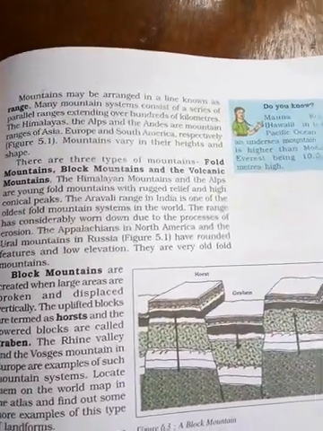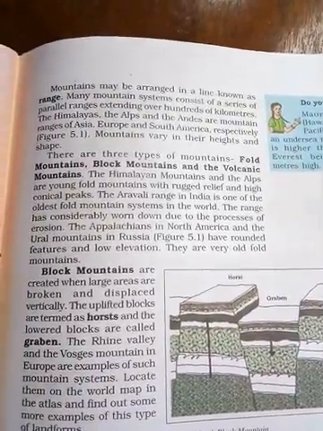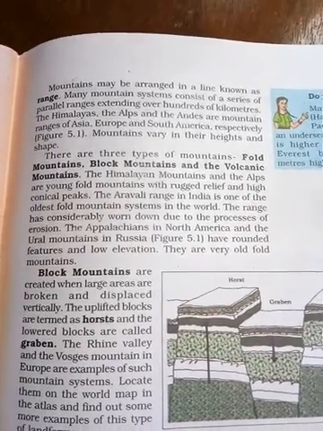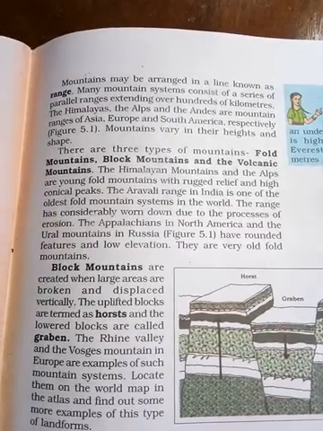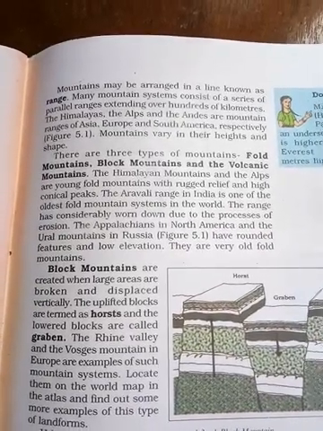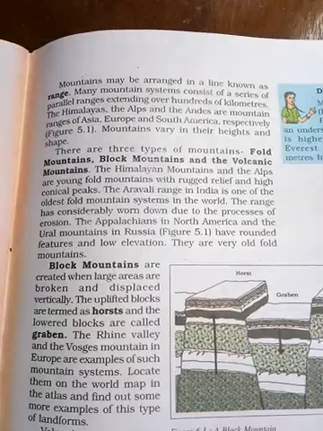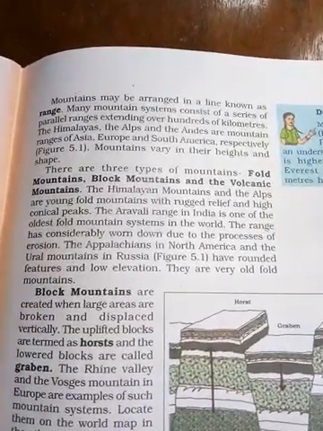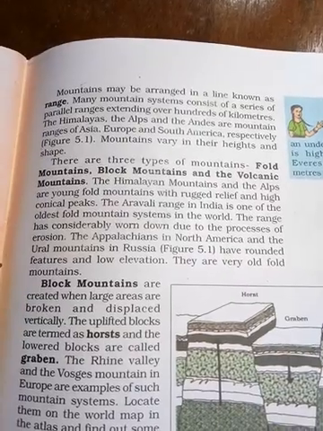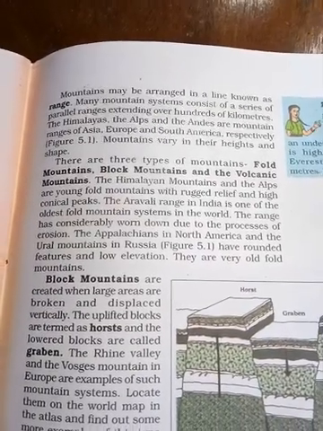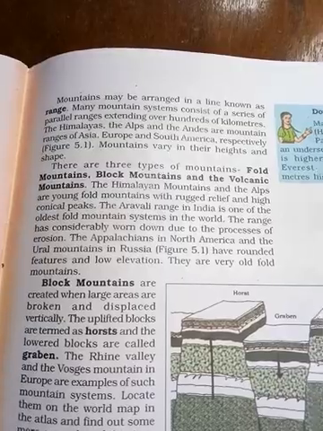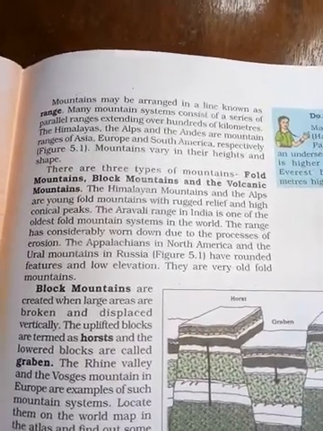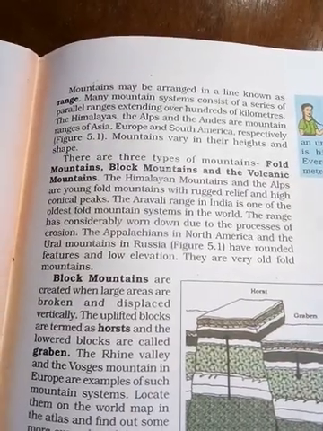This is not the first; here "one of the oldest" means that among the oldest fold mountains, Aravalli is also one of them. The range has considerably worn down due to the process of erosion.